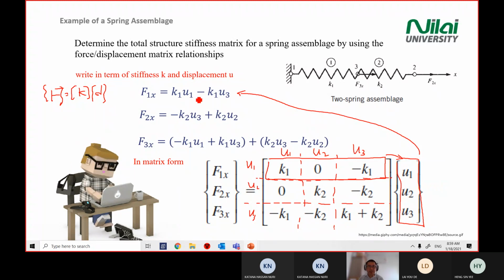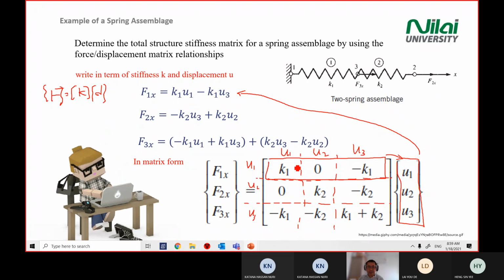Then you look at the first equation. Is there any U2 in the first equation? No, right? There's no U2 here, so straight away use 0 for this space. Then you continue with the third one, U3. In your equation you have negative K1, so you input negative K1 here.